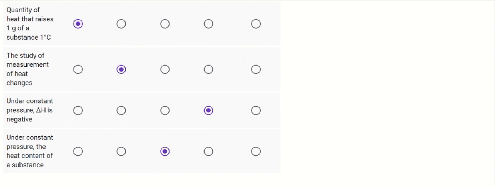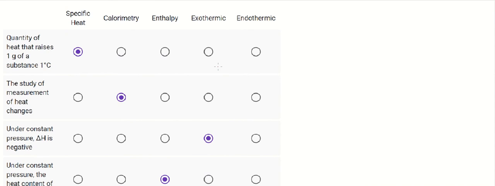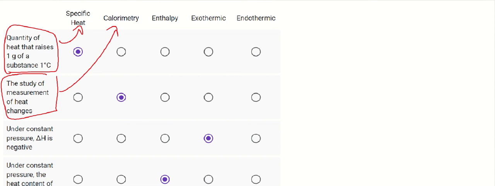Can't fit this all on one screen, so these were just your vocab types of questions. So this is the definition of specific heat. The study of heat measurements is called calorimetry. And when delta H is negative, that is exothermic.